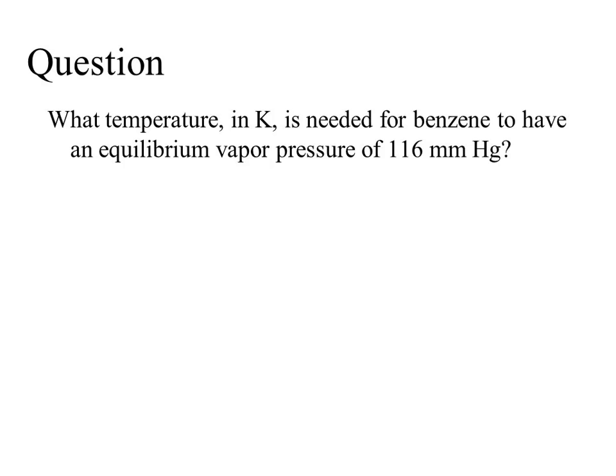What is the temperature in Kelvin needed for benzene to have an equilibrium vapor pressure of 116 millimeters of mercury? Now, right away, you run into the situation where pressure here is 116 millimeters of mercury, but on our plot, we have the natural log of pressure. So that's fine. The first thing we're going to do is take the natural log of 116.